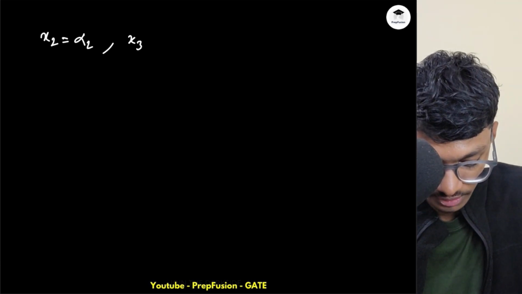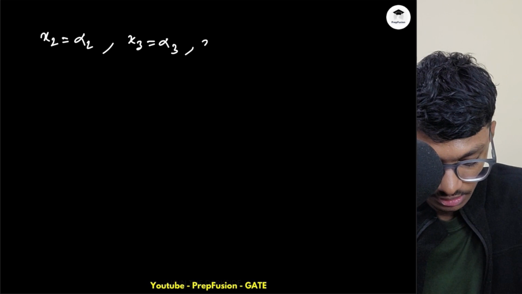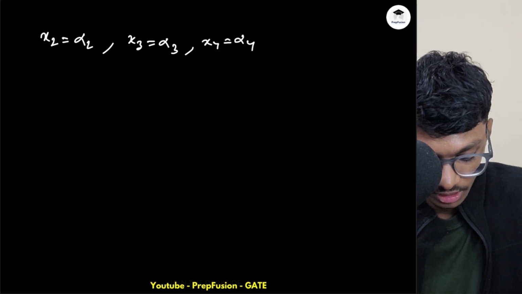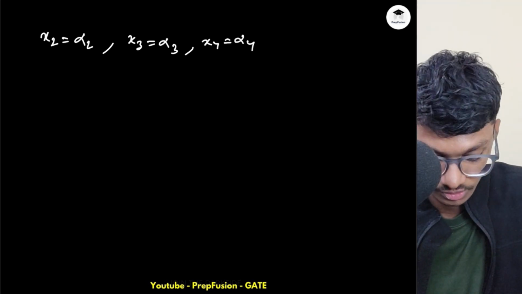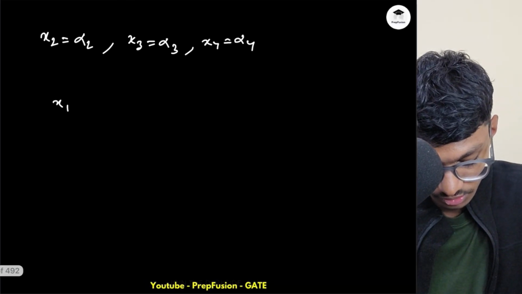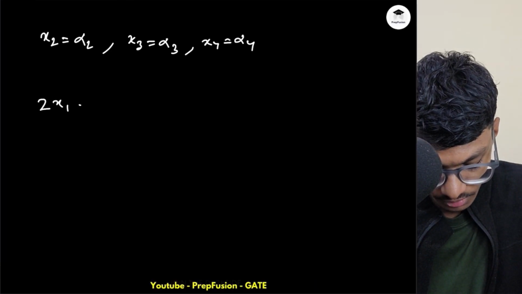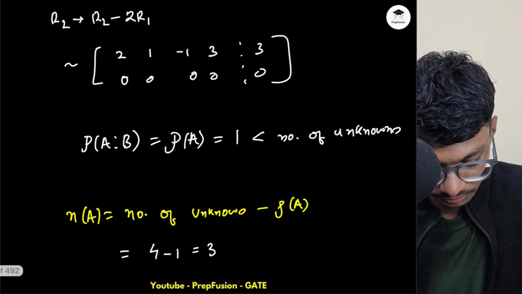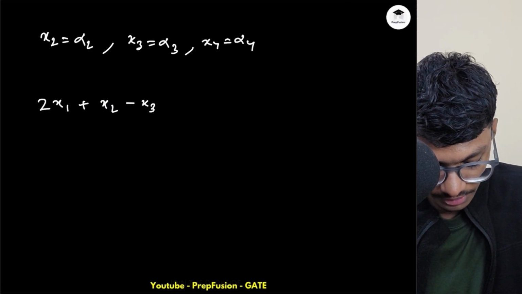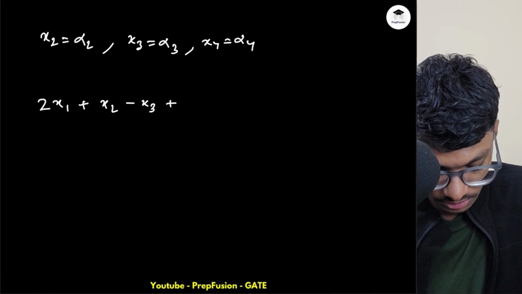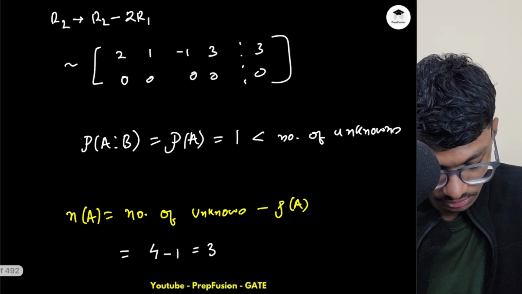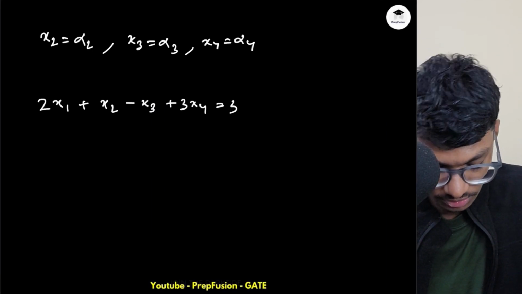x2 equals alpha 2, x3 equals alpha 3, x4 equals alpha 4. Now if I put these in the first equation, 2x1 plus x2 minus x3 plus 3x4 equals 3.